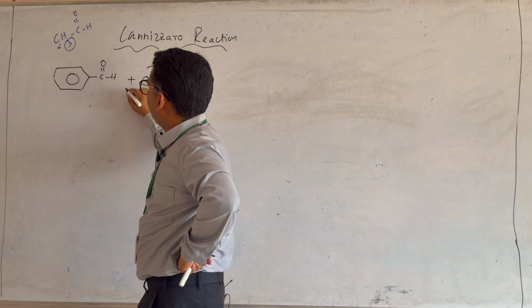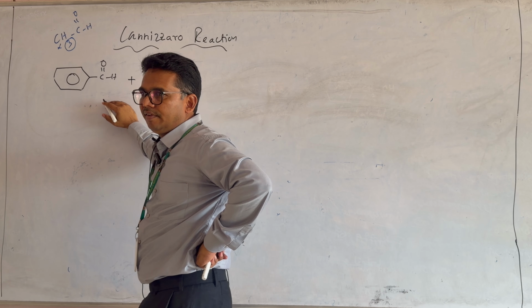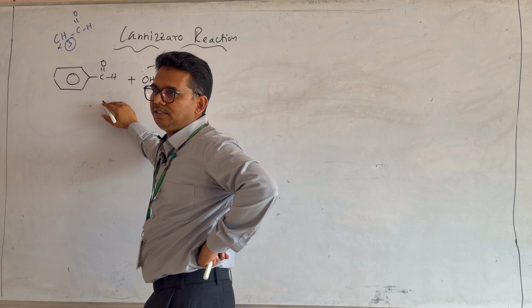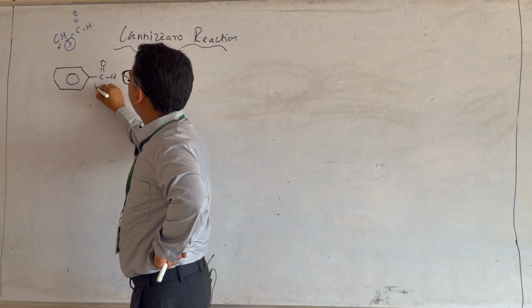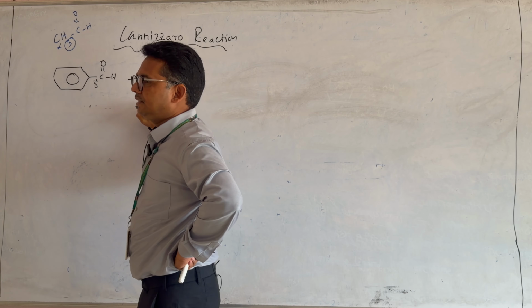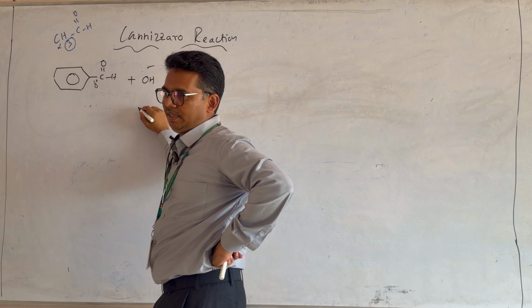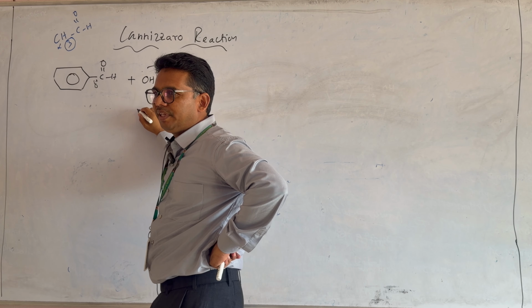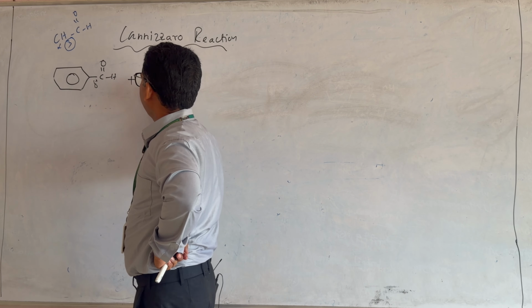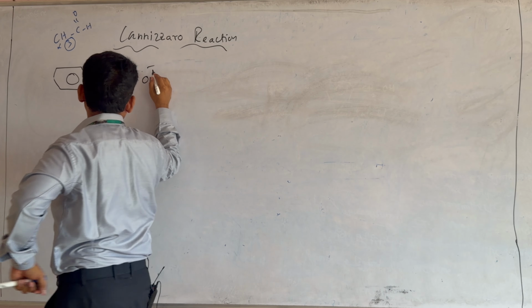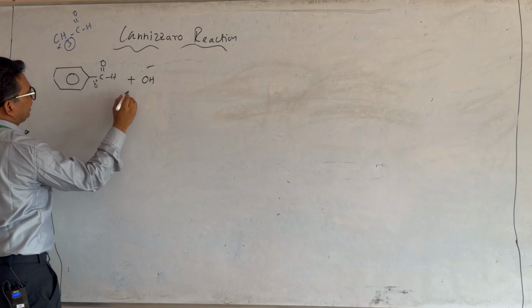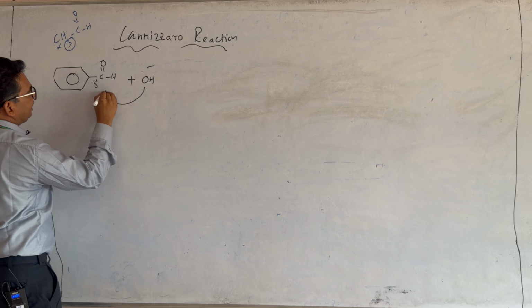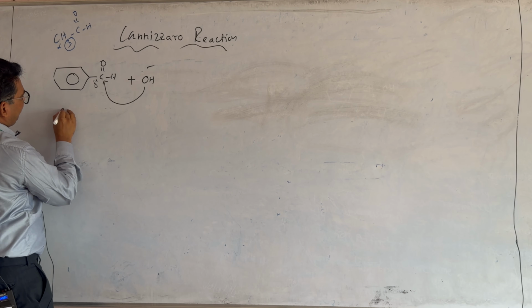In the entire benzaldehyde ring, where is that partial positive charge, that is the electron deficient center? There is only one position, that's called the carbonyl carbon. Then, as we might know, it is nucleophilic in nature, it loves the nucleus, so it is going to attack this carbonyl carbon.